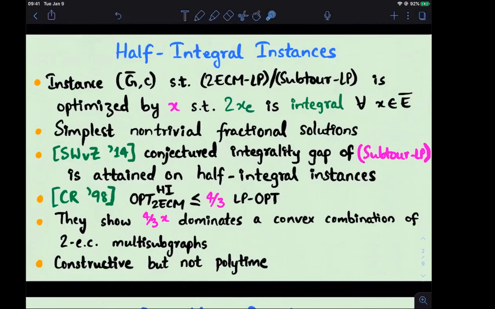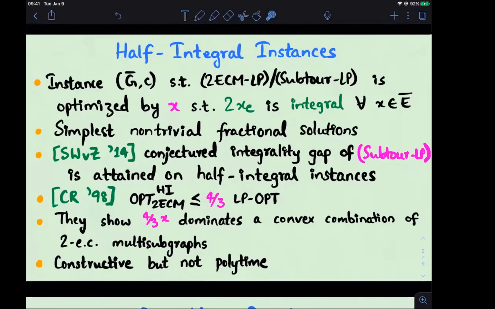And there's another reason: there's a well-known conjecture due to Schalekamp, Williamson, and van Zuylen, where they claim that the integrality gap for TSP, if you consider the subtour polytope, is attained on half integral instances. That is one of the reasons why such instances have gained popularity.